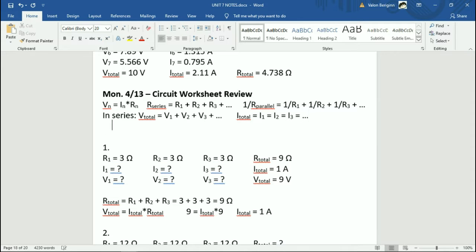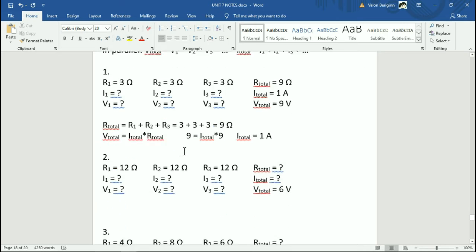Okay, so that's if they're in series. In parallel, V total equals V1 equals V2 equals V3, and then I total is the sum. Okay, so that covers all that we need to know.